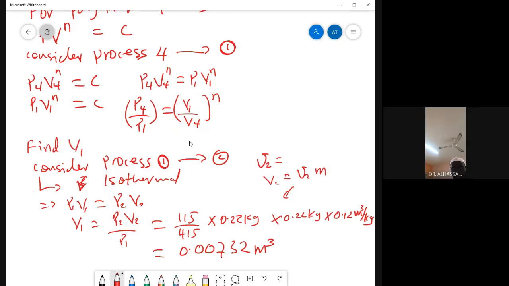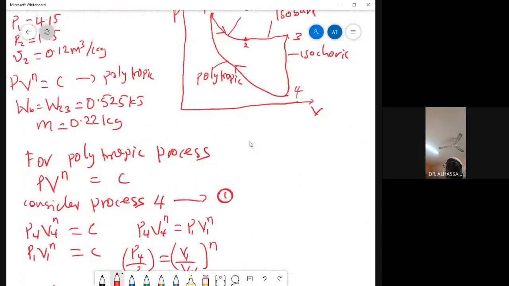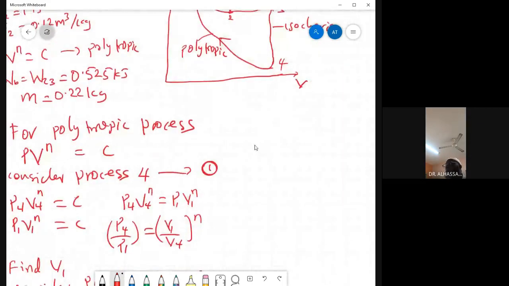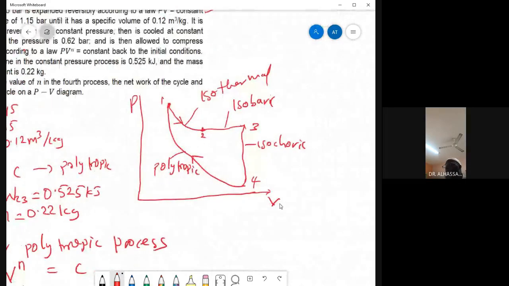W23. Oh, very sorry. So let us find V3 instead. V3 and V4 are the same. If we look into this diagram, V3 and V4 are the same.